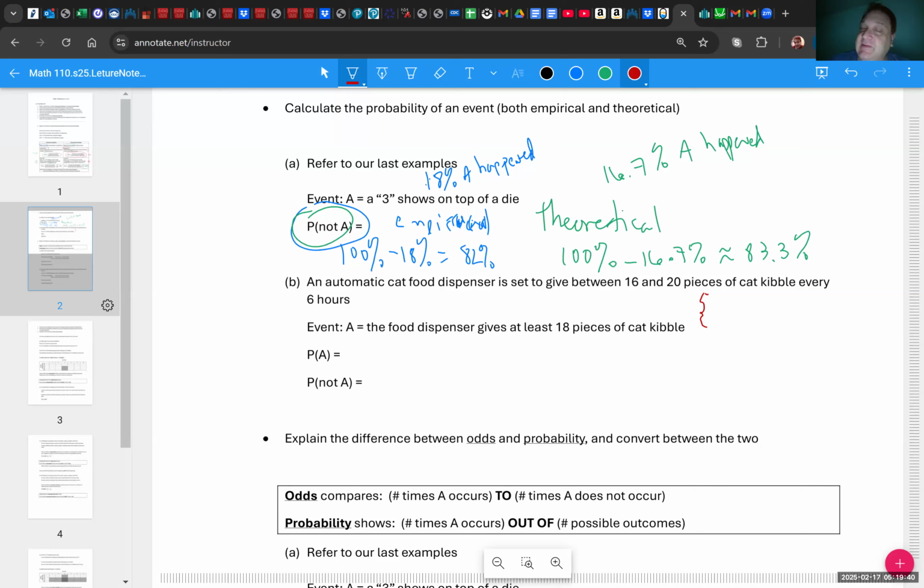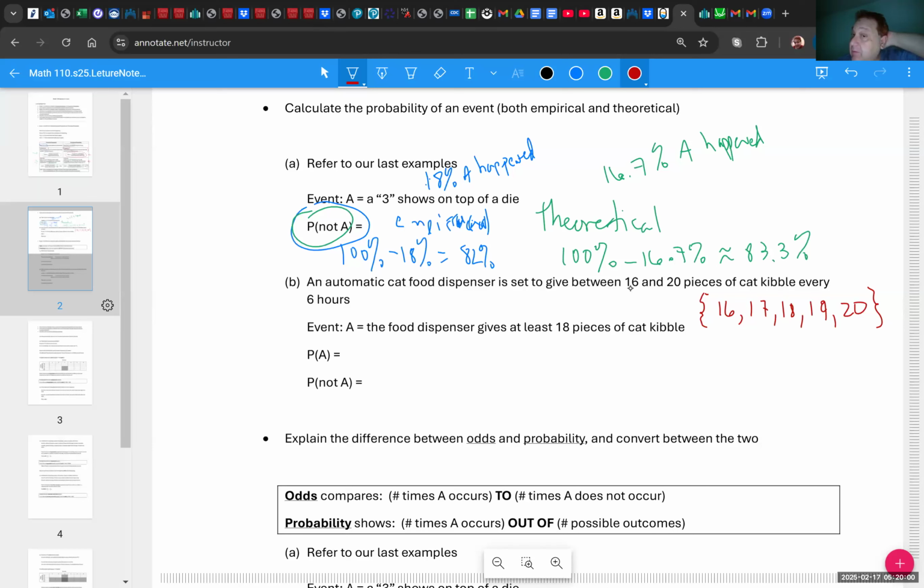Well, that means 16 pieces of cat kibble are possible, or 17, or 18, or 19, or 20. Notice that there are 5 different numbers there that could happen, right?